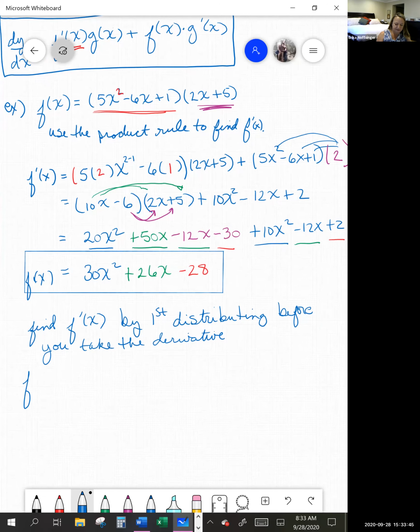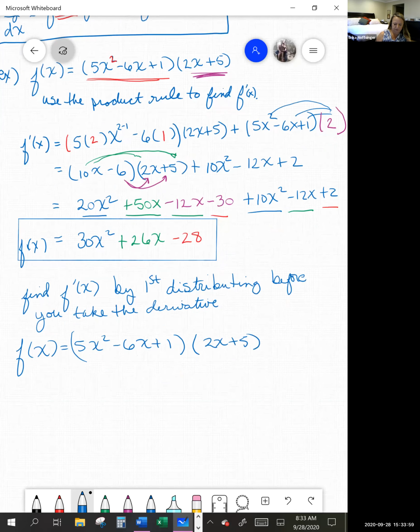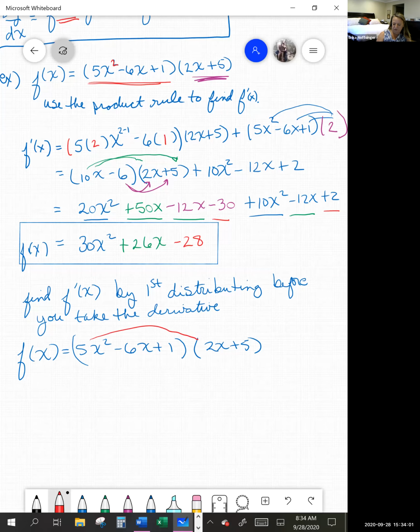Okay, so we got f of x in this case is 5x squared minus 6x plus 1, and we're going to distribute to 2x plus 5. To distribute 5x squared to each term, we get 5x squared times 2x is 10x cubed. 5x squared times 5, so that's plus 25x squared.